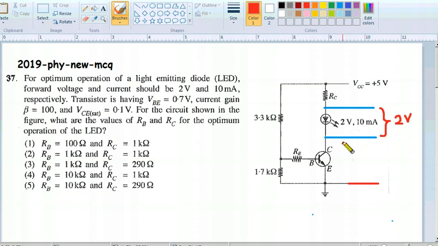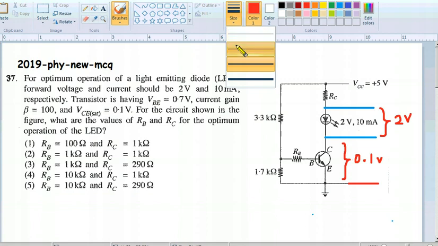Then the voltage between collector and emitter is 0.1, and the current through this diode is given as 10 milliampere.